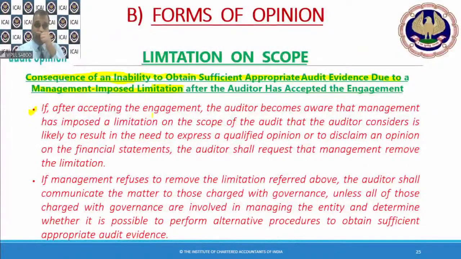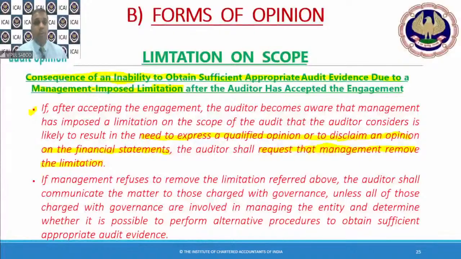If after accepting the engagement, the auditor becomes aware that management has imposed a limitation on the scope of audit that the auditor considers is likely to result in the need to express a qualified opinion or to disclaim an opinion on the financial statements, the auditor shall request the management to remove such limitation.